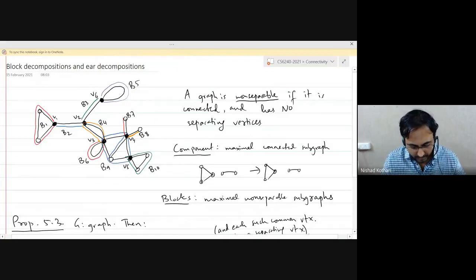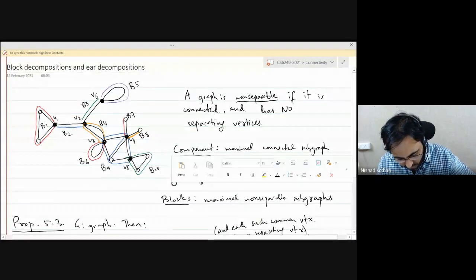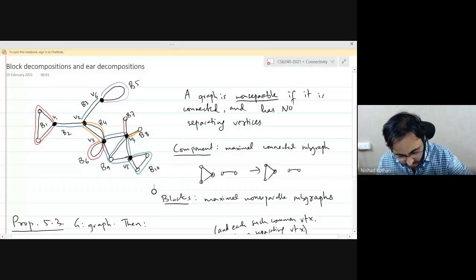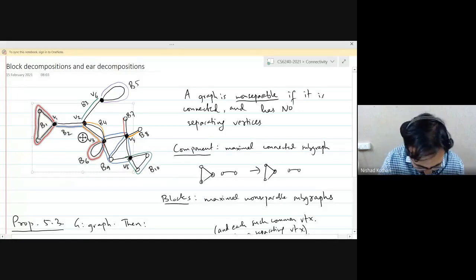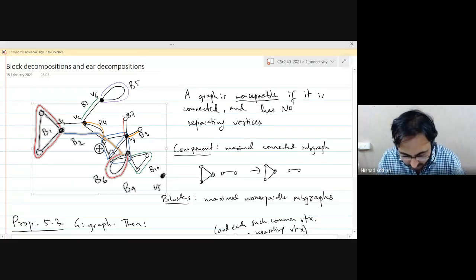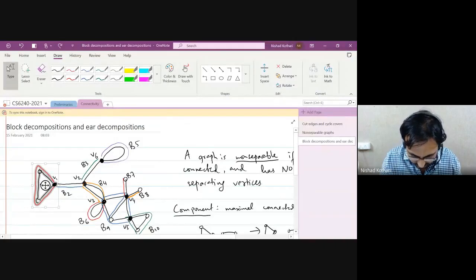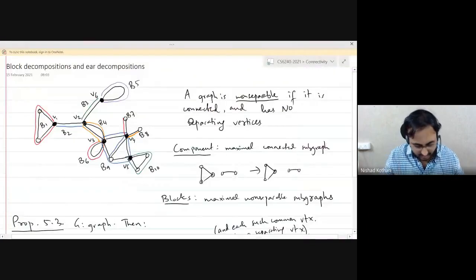Okay, let me actually see if I can copy this drawing and paste it below.